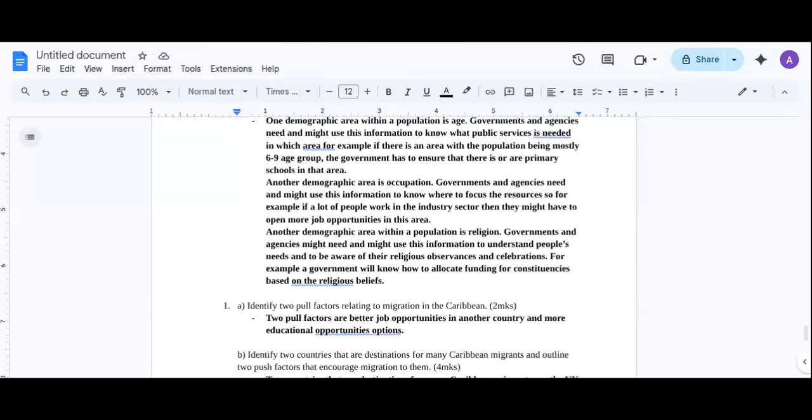So we're looking at the 2 destinations first. Liz, can you give us one country that migrants go to? Miss, usually a lot of migrants go to Canada. Canada, good. Kimaya? All right. Giselle?